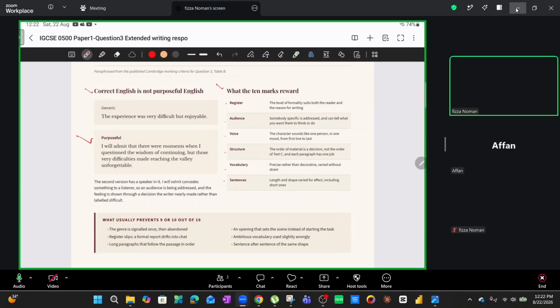Voice: the character sounds like one person in one mood from the first line to the last line. You are not supposed to deviate from your role-playing persona that you have put on. All right? Structure: the order of material is a decision, not the order of the text, and each paragraph has one job. So, what do you think we mean by this?